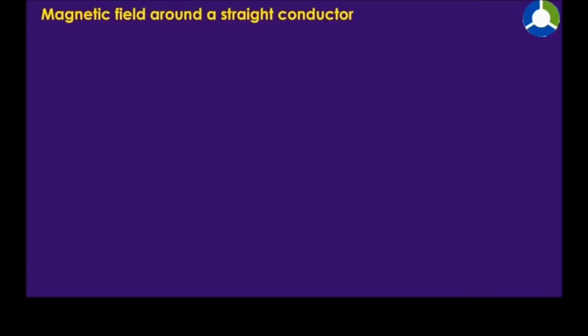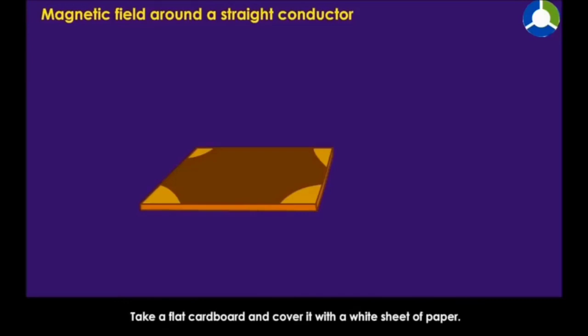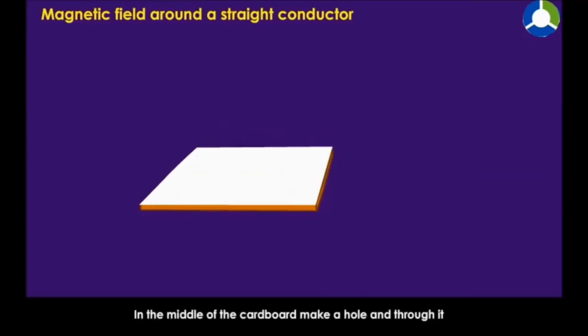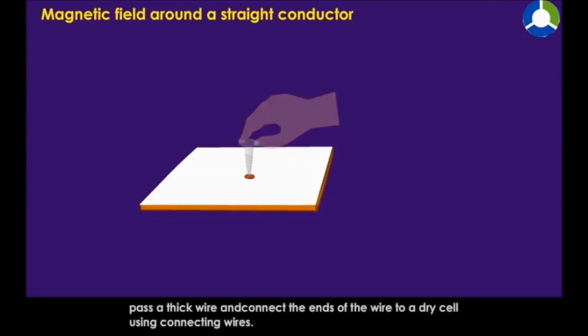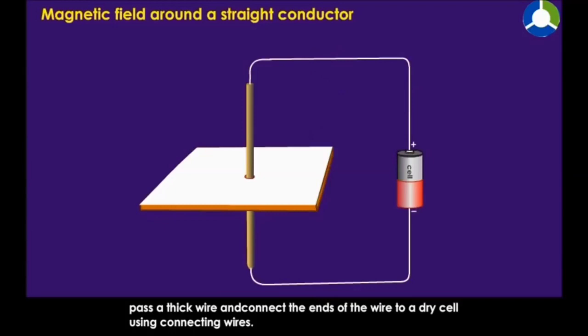Magnetic field around a straight conductor. Magnetic field around a straight conductor can be understood by the following activity. Take a flat cardboard and cover it with a white sheet of paper. In the middle of the cardboard, make a hole and pass a thick wire through it, and connect the ends of the wire to a dry cell using connecting wires.